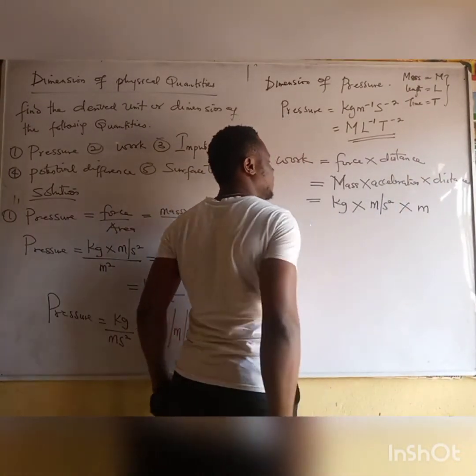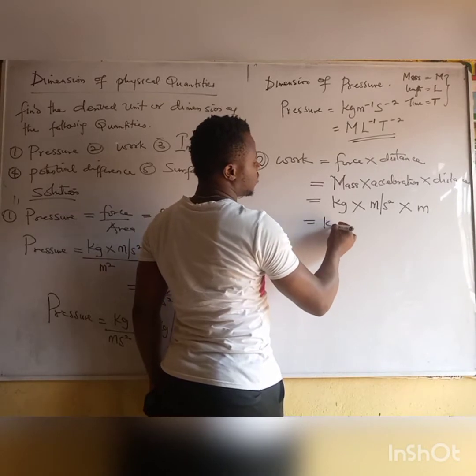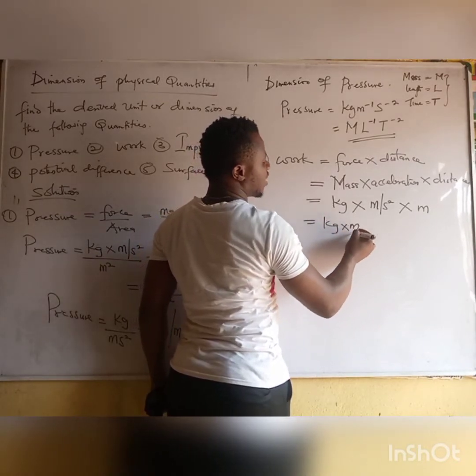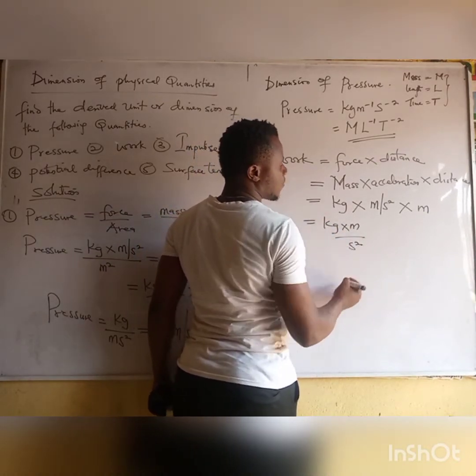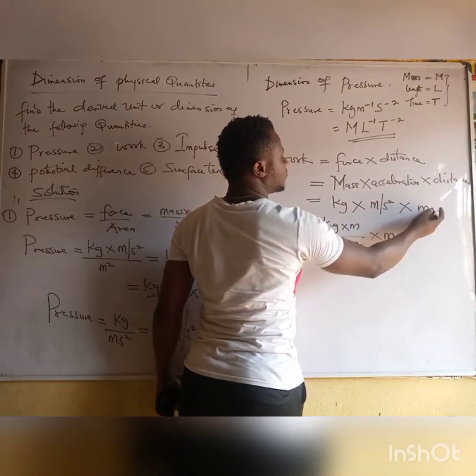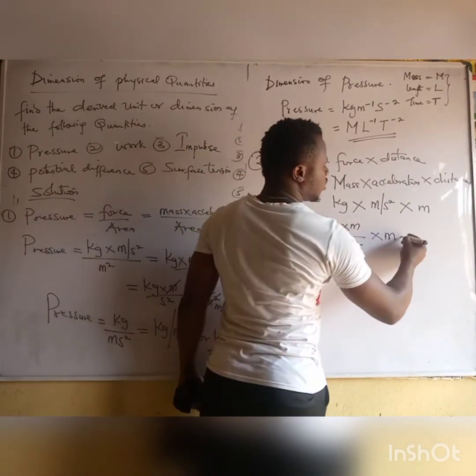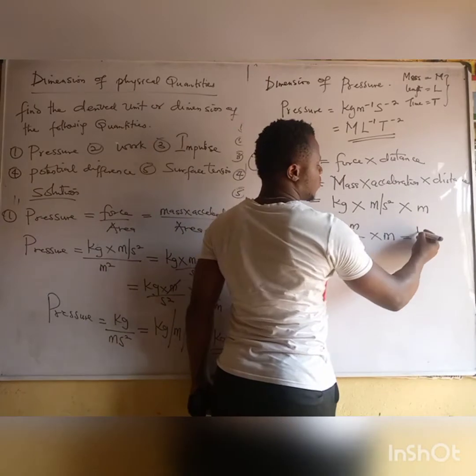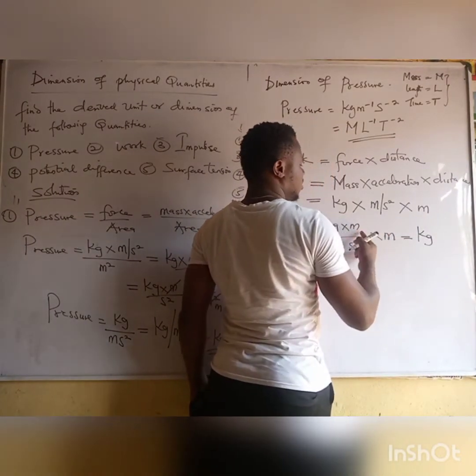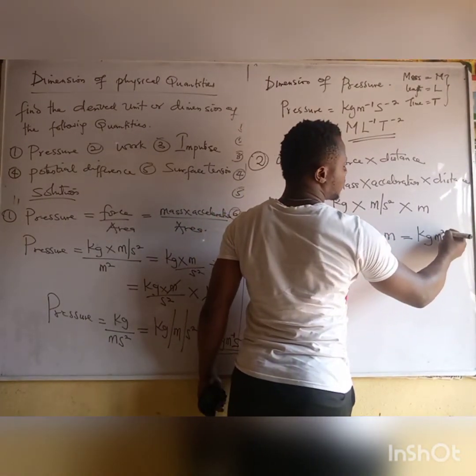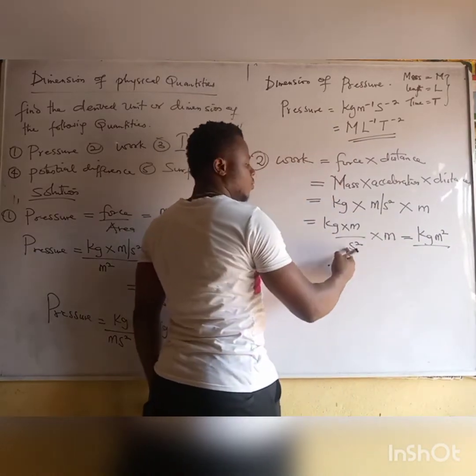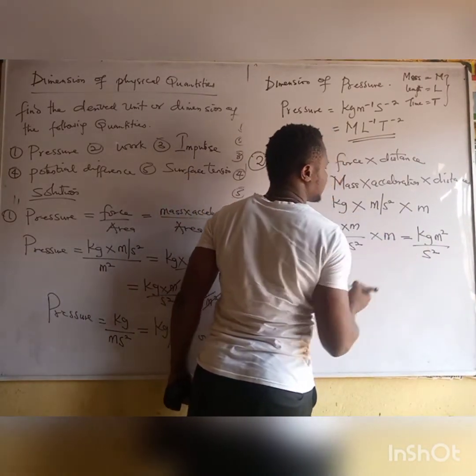So this is equal to kg times meter over second square, times this meter. So we have kg, meter times meter is meter square, over second square.